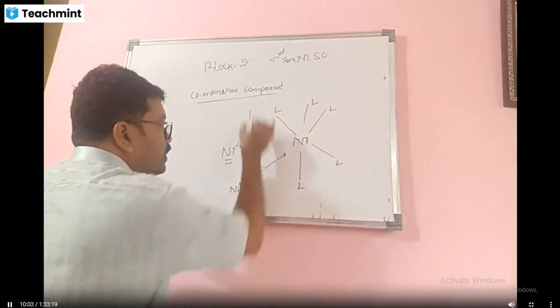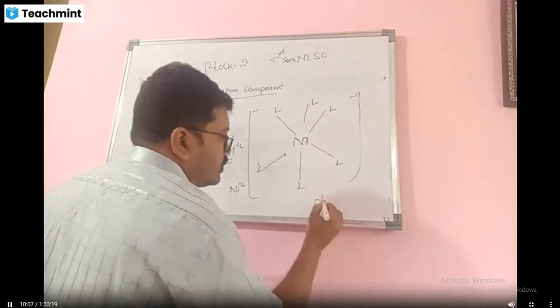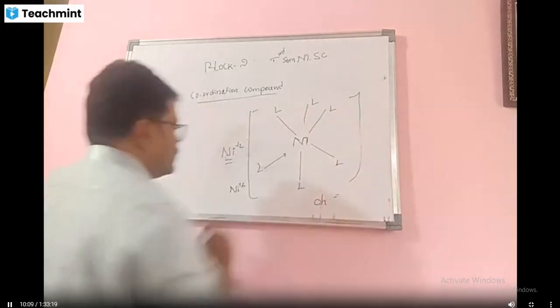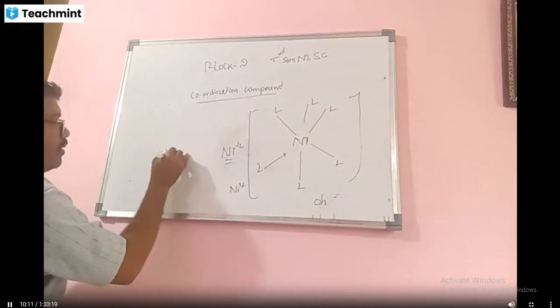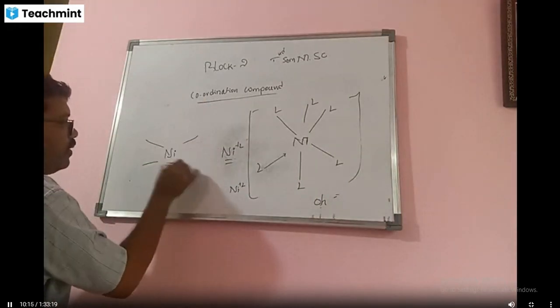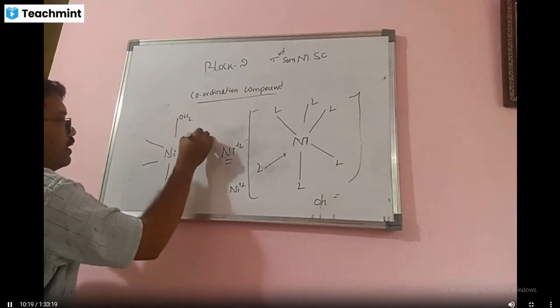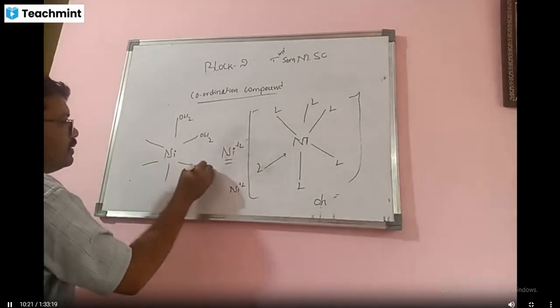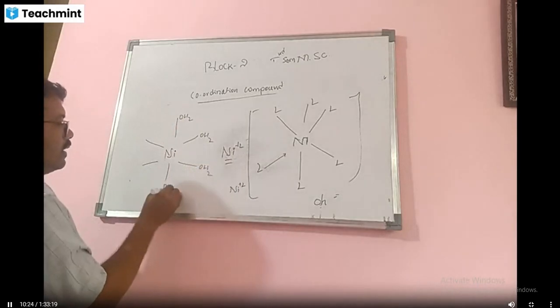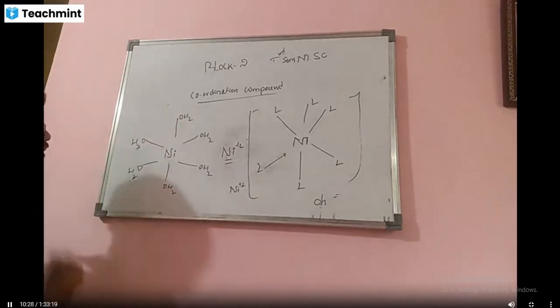This is one type. This is octahedral because of 6 ligands. So the central atom is surrounded by monodentate ligands. The example I have already written. These are ligands. This is an example for a coordination compound.